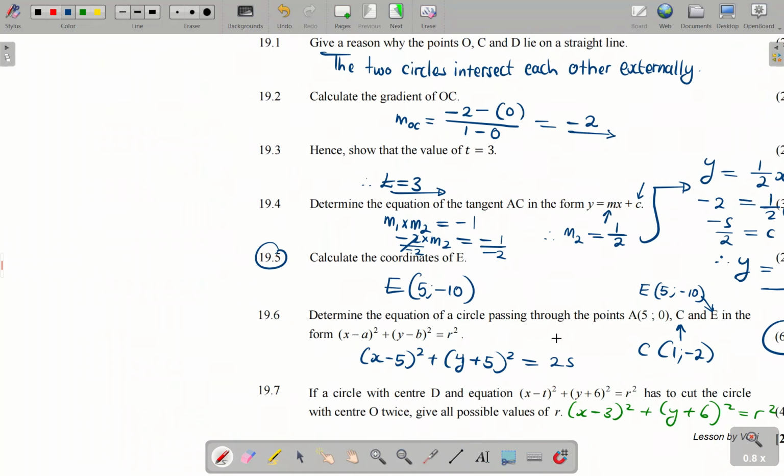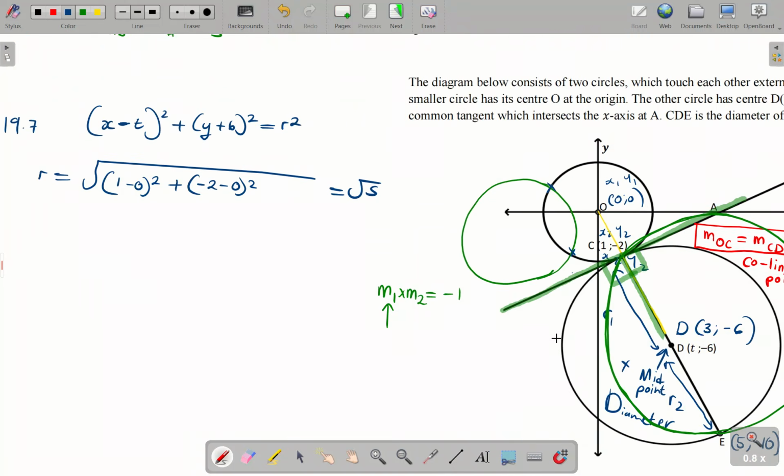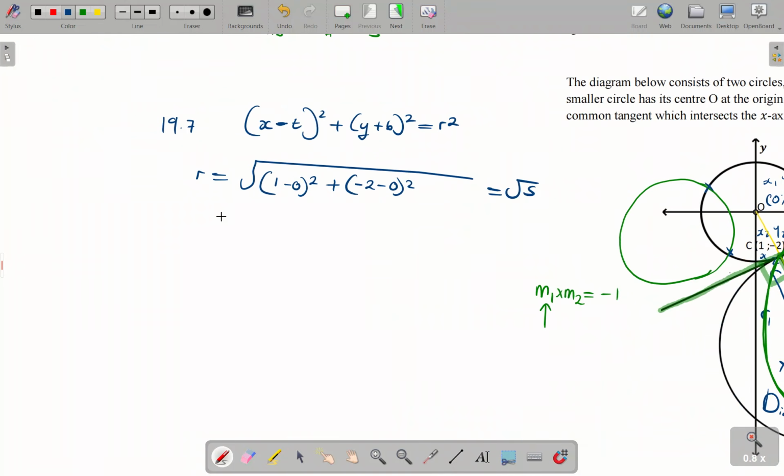Okay, fine. Just like I said, I'm going to assume that one there. So this is x minus 3, squared, plus y plus 6, squared, which equals r squared.